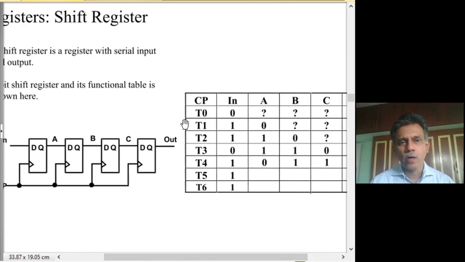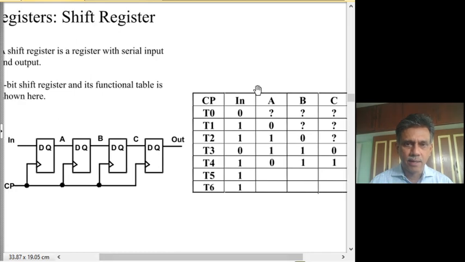So let's look at how the bits go at various clock periods. We will designate the clock periods as T0, T1, T2, T3 and so on. Assume there is a 0 in the in signal at time T0, while the values present in A, B, C are unknown.